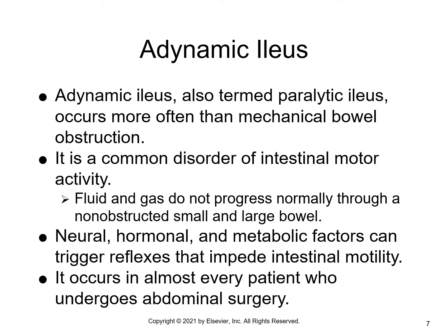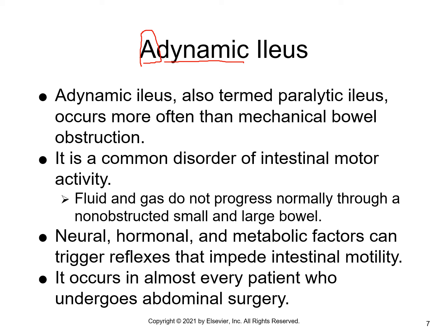The next thing we're going to talk about is adynamic ileus. Now, adynamic would be no dynamic, and dynamic means changes. So we know that an important component of our bowel is that it's always peristalsing and always moving contents through. So if we have an adynamic ileus, that means that our bowel is going to stop those changes, stop that moving, and then that would cause everything to back up in that bowel.